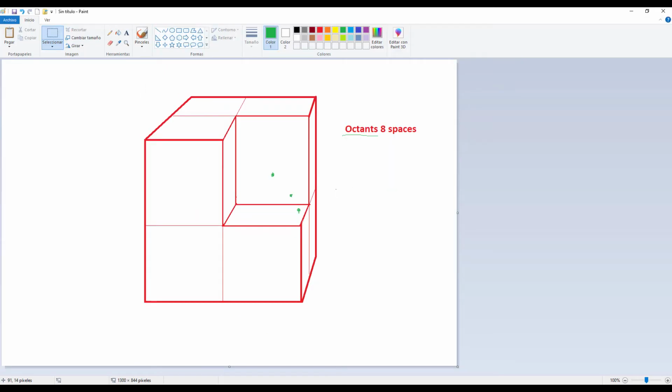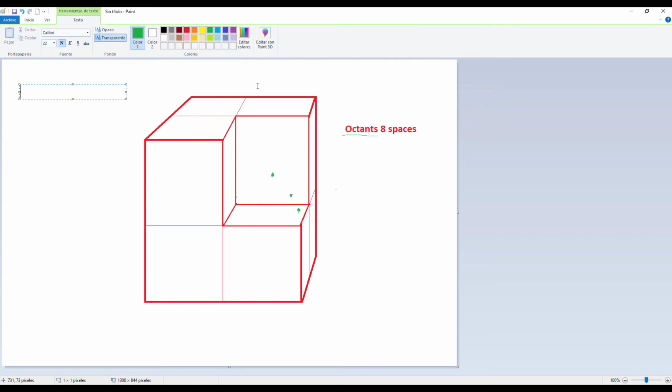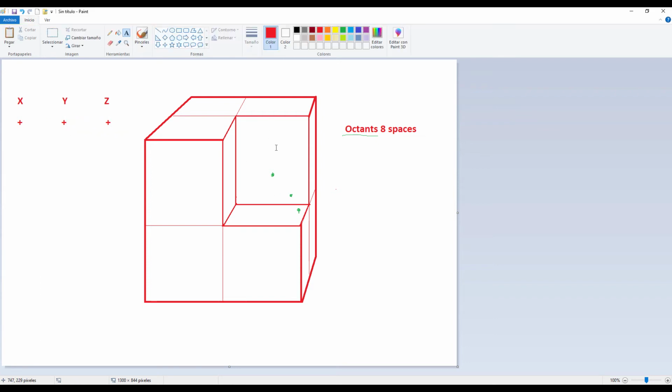So remember, when you're working in a 3D world, you have X, Y, and Z. You have the possibility of plus, plus, plus. This is the first space, the first octant.